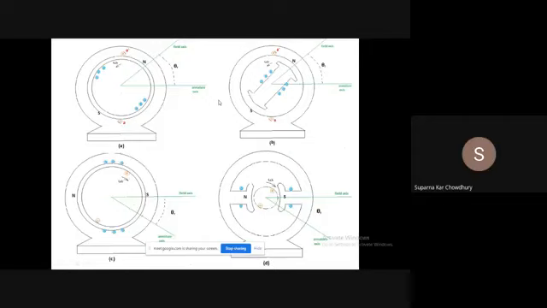The first option is that we can have our armature on the stator and field on the rotor, and the rotor construction can be either cylindrical or salient pole type. So this is one.